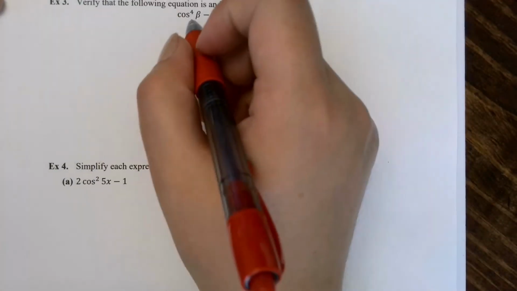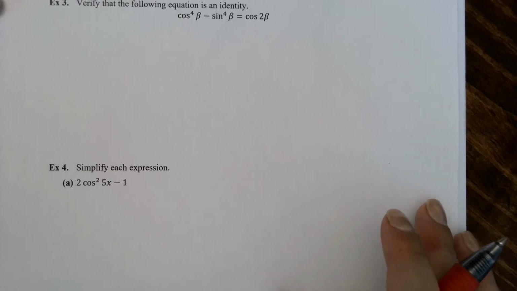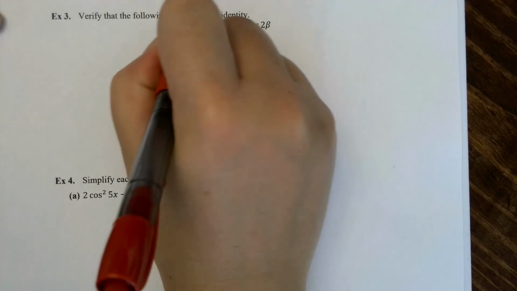Example 3. Okay, we want to verify that the following equation is an identity. Okay, so this is a difference of perfect squares on the left side.